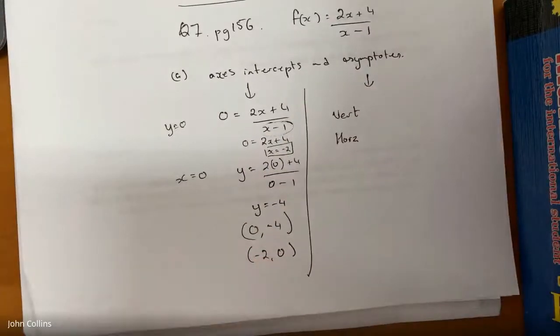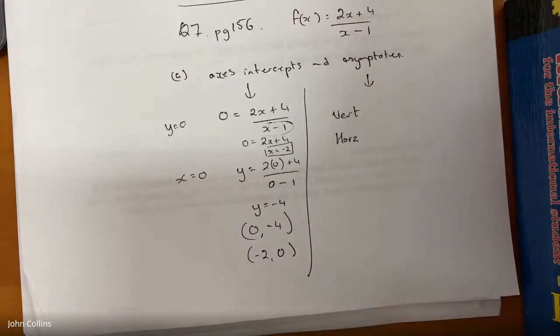Anyone disagree with him? For the horizontal one, just set the denominator to 0, or it's vice versa with the vertical. And for the other one, you're trying to get the x powers the same, but for this you can just do a trick. Since it's 2 technically over 1, it's just 2.